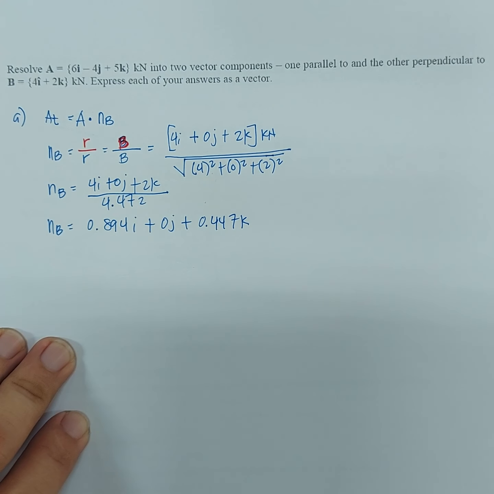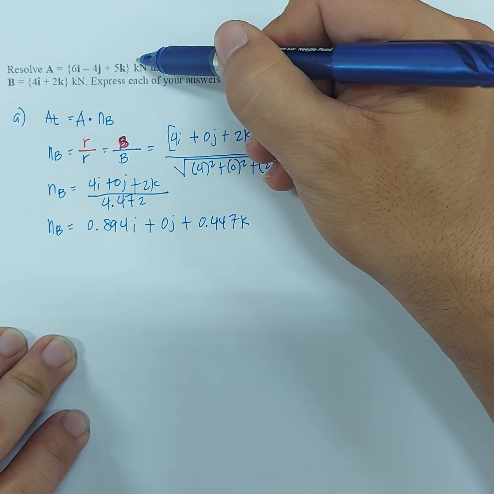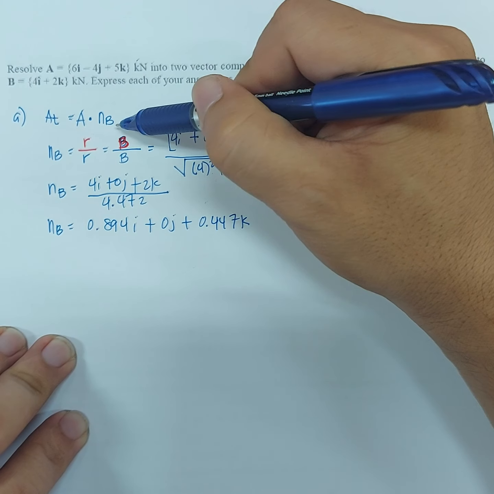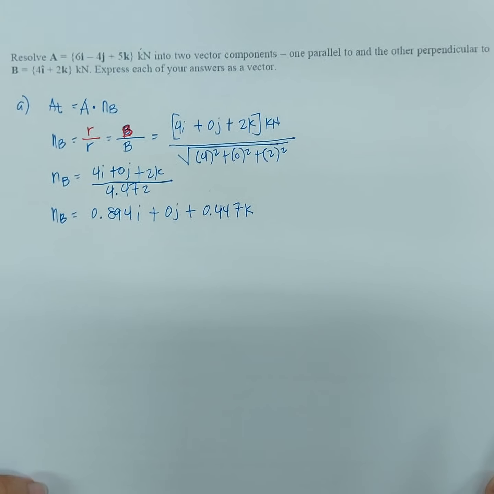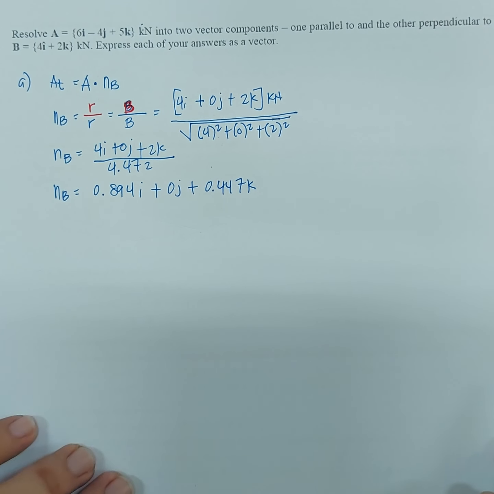So meron na tayong A expressed in Cartesian vector form, and we also have the unit vector along vector B. So pwede na tayong mag-perform ng dot product.